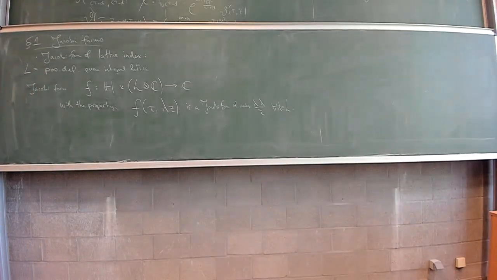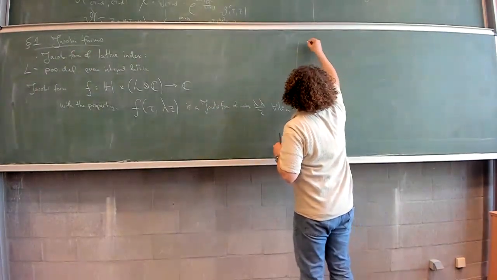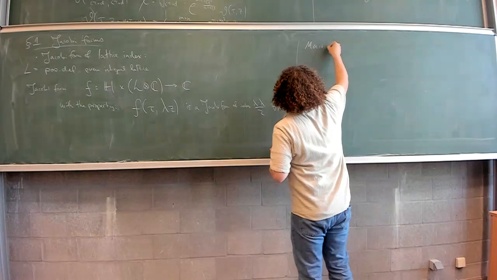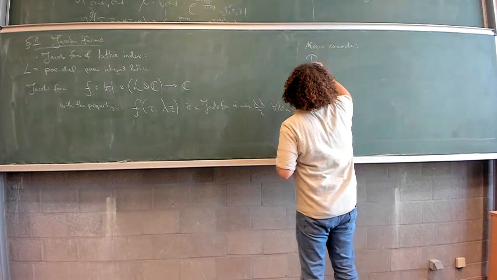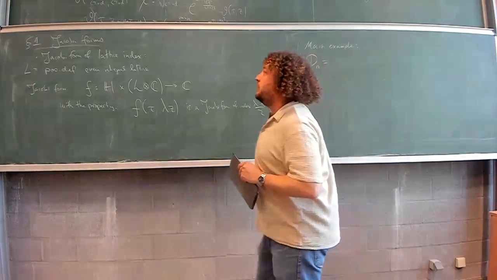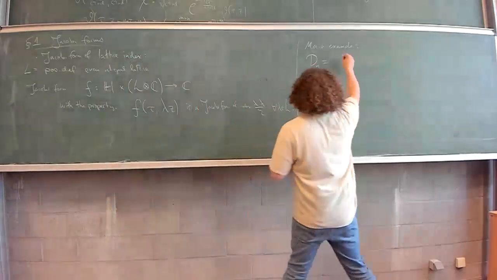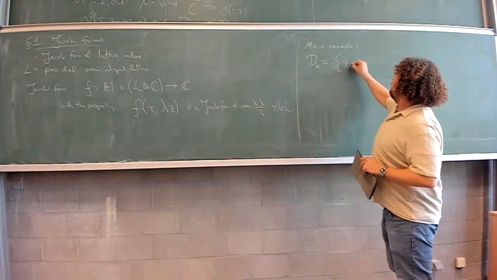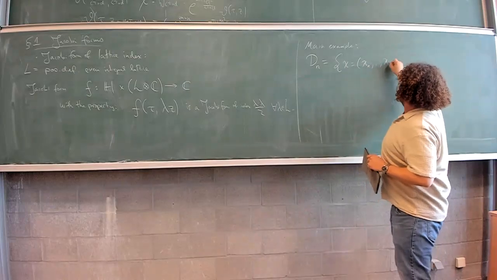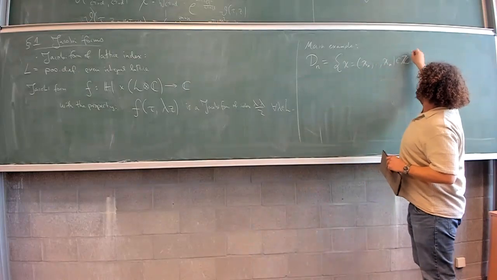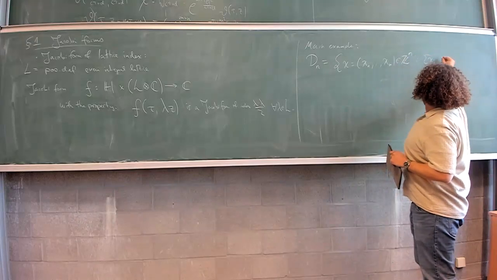Okay. The main example I want to consider: these are the two root lattices from the title, Dn, which will be vectors from Z to the n such that their sum is even.